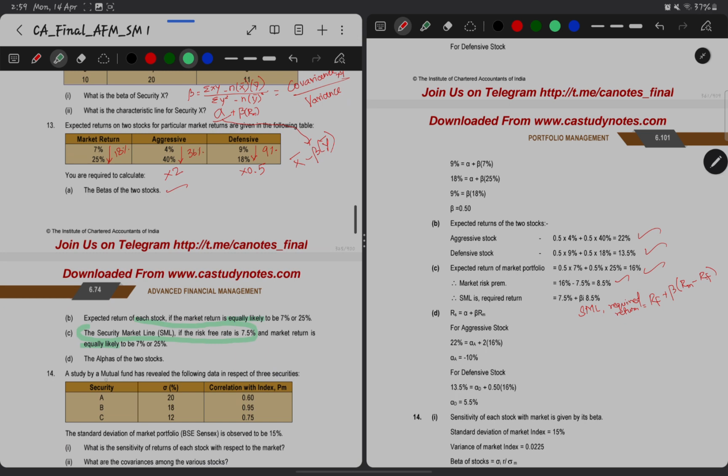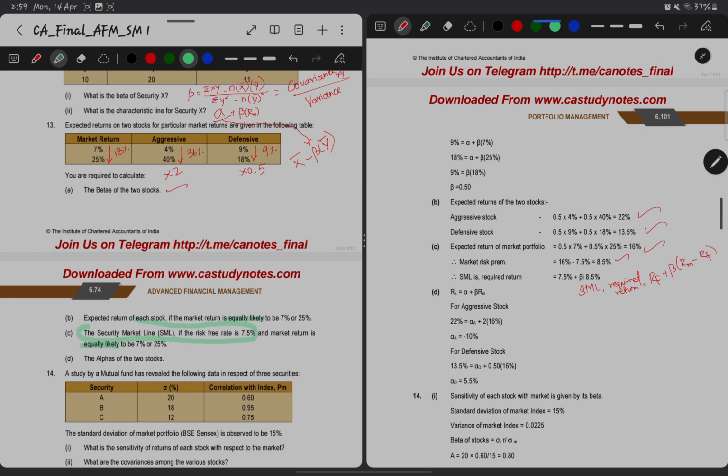Now going to the fourth requirement, the alpha of the two stocks. Alpha can be found out as the actual return minus the expected return based on the market portfolio.